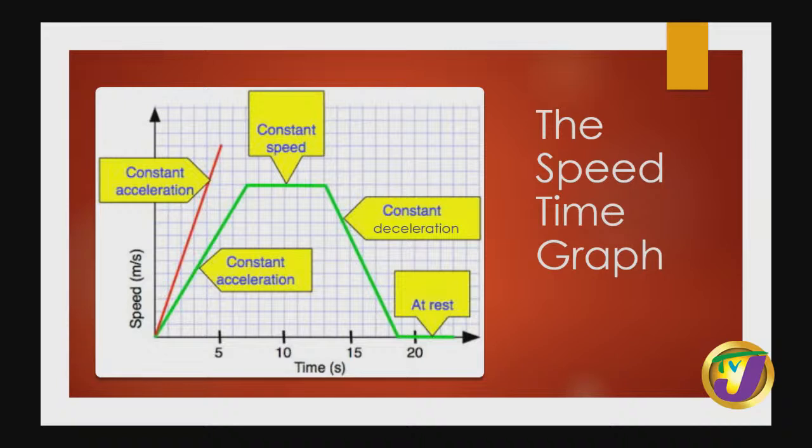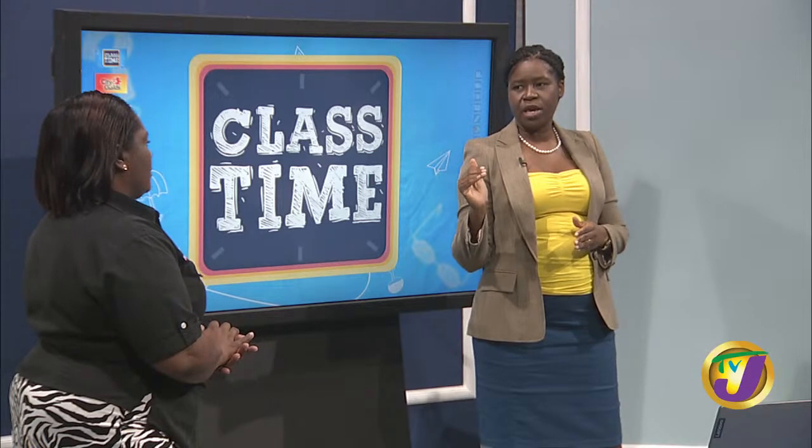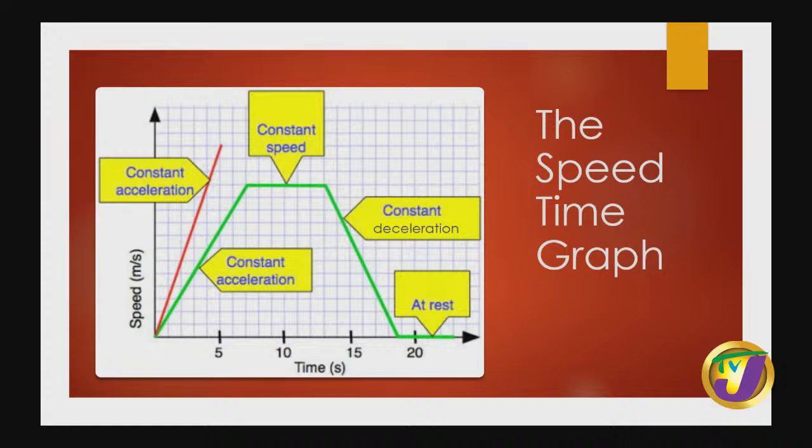Well, we cannot have a negative distance. Once there is a movement, it is a positive distance. But they say negative acceleration because it shows direction. The positive shows that you're going up. Once you're going down, they use the negative to represent that, which is the same as constant deceleration.